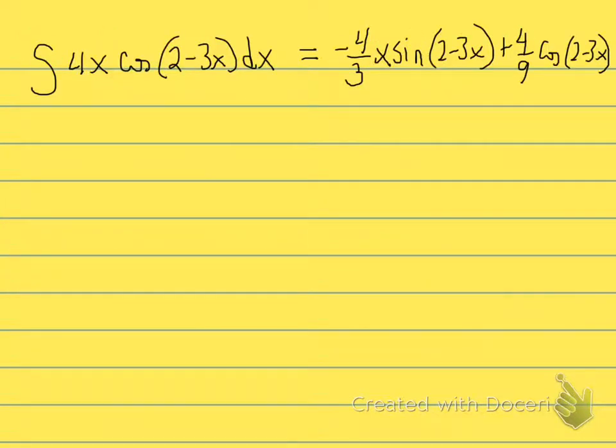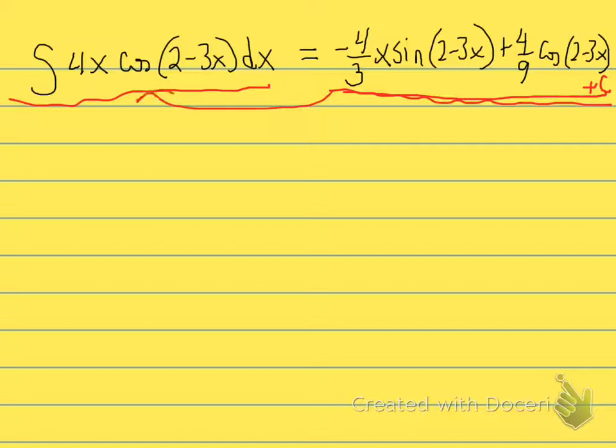Okay, here's my check part. Here was my original integral, and here was my answer. And I should have a plus c there that I need to squeeze in. So if I take the derivative of this right side, it should take me back to what I have here on the left side. So I'm going to have to use a product rule on this first part right here.